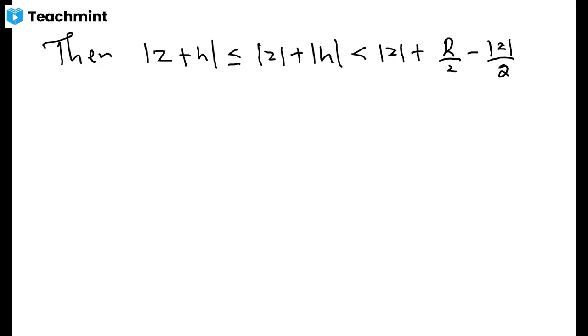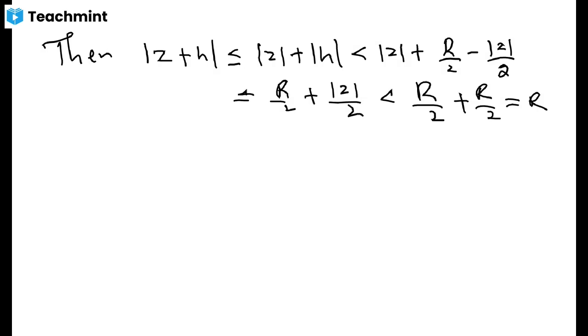So it is equal to r upon 2 plus mod z upon 2. But z you are taking in the disk of convergence, and there the modulus is less than r, so it is r by 2 plus r by 2, which is r. So this gives me that z plus h is also an element of the disk of convergence.